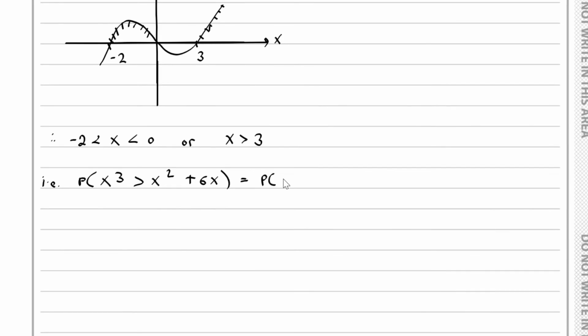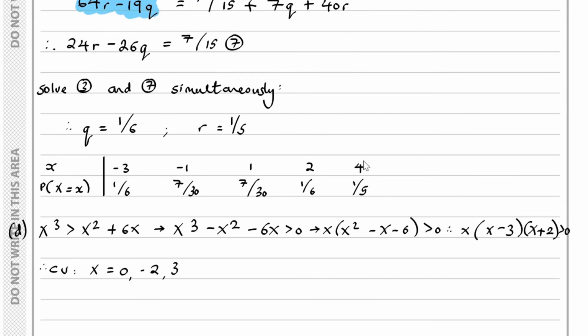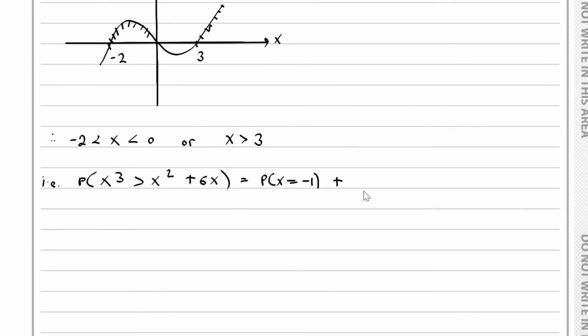So we're looking at the probability that x is equal to minus 1. And then x being greater than 3, that just leaves x being equal to 4. So adding these together, we have 7 over 30 plus 1 over 5, which is 13 over 30.